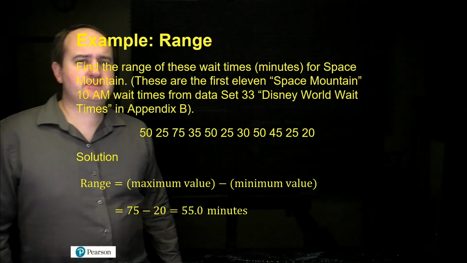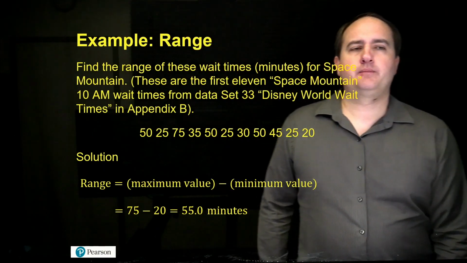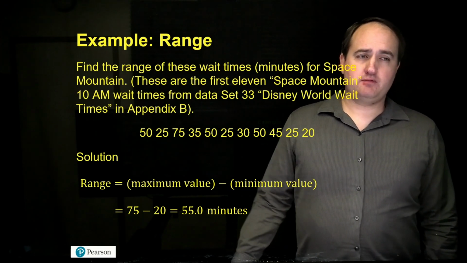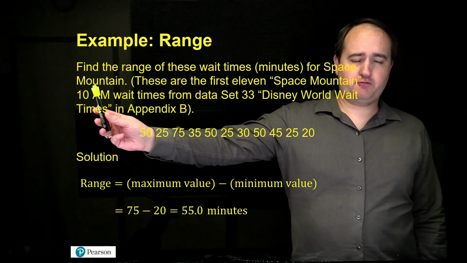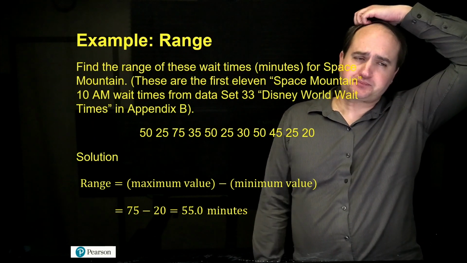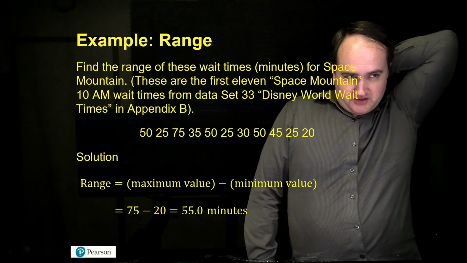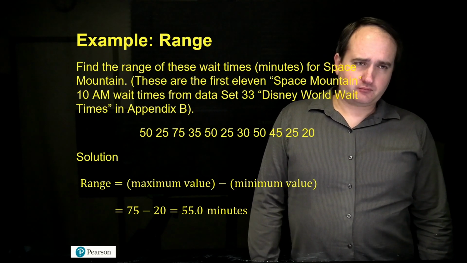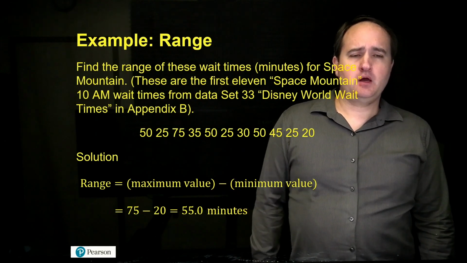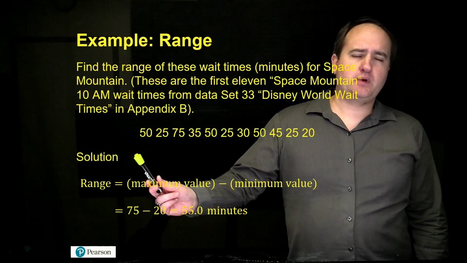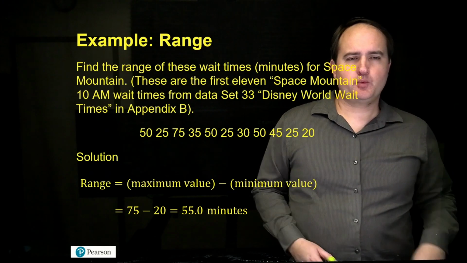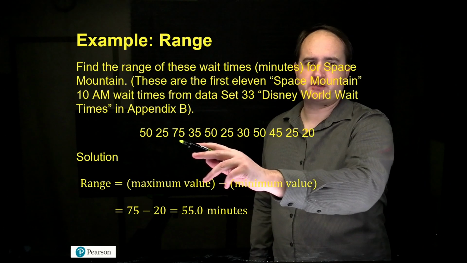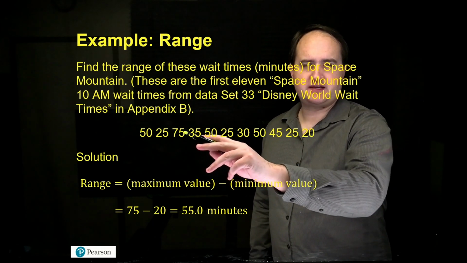So here's an example from our book on calculating the range. We're coming back to our favorite set of data values here for Space Mountain wait times, the same data values that we've used in previous sections, taken from our book. Okay, so if we want to calculate the range of these data values, we simply find the maximum, so we look for the largest number here, and that is 75.